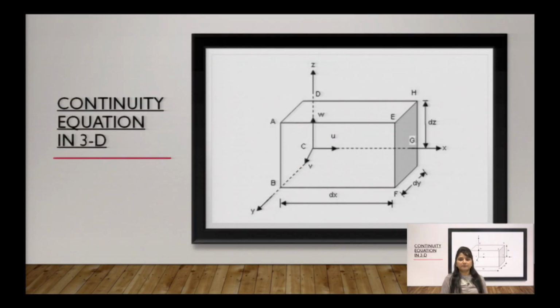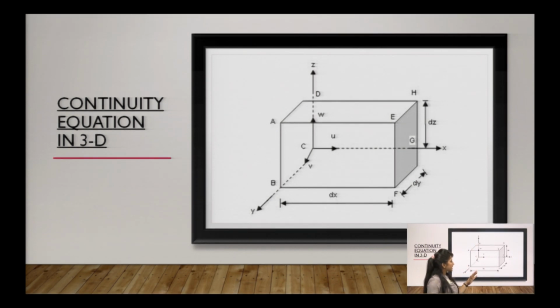Now, we will see what if we calculate the continuity equation in 3D, what if the flow is in 3D. We have taken an elemental fluid with lengths dx in the x direction, dy in the y direction and dz in the z direction.